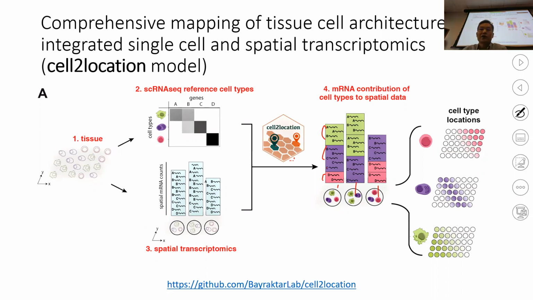Then you can reconstruct more accurately the spatial distribution of some cell types and particular marker gene expression, because you decompose the mixture and make it pure, and then you can look specifically at a particular cell type and particular gene expression.